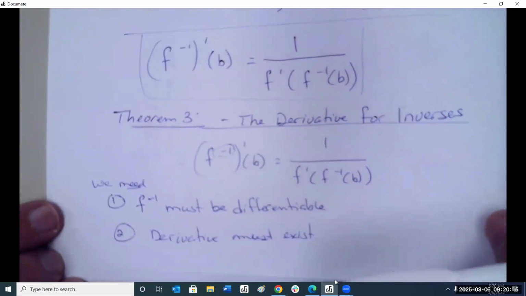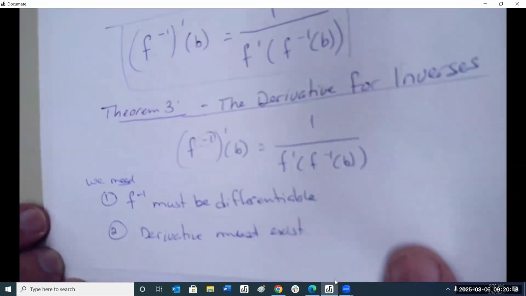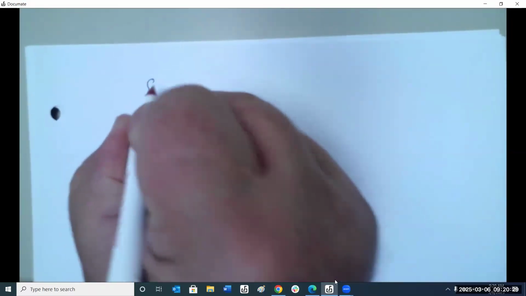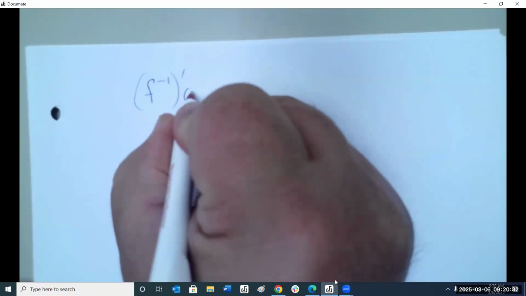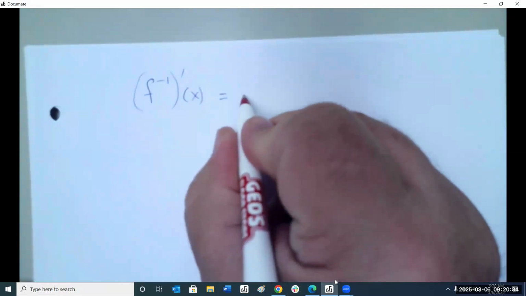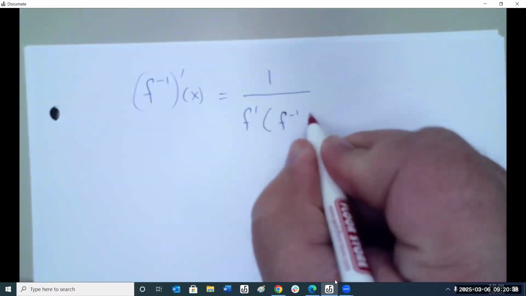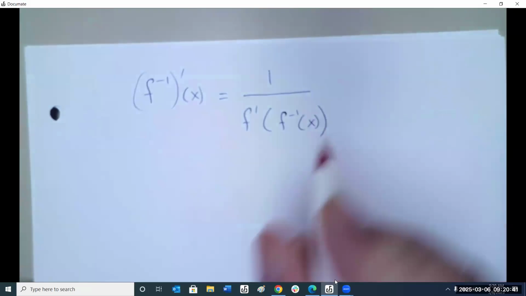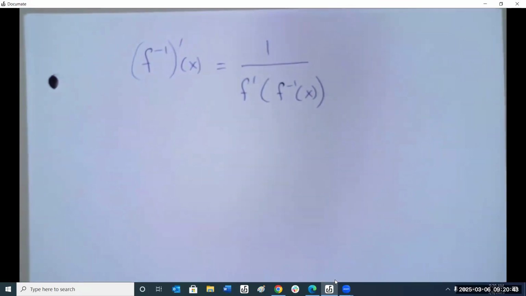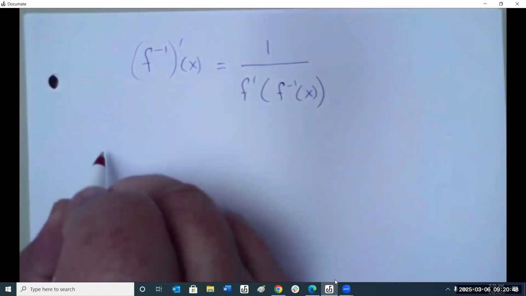All right, so let's look at an example here. We'll be using this formula. So the derivative of our function is 1 over the derivative, then we'll go with the derivative. So example 1.